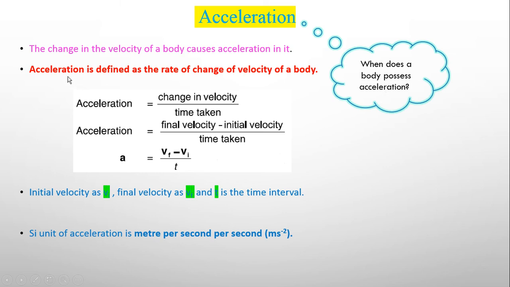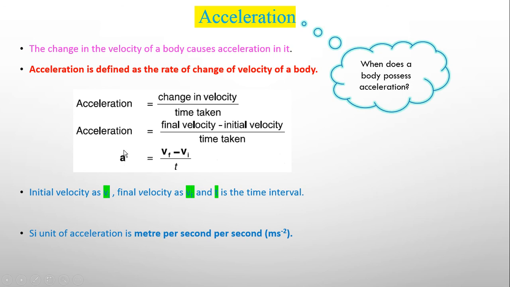So we can define acceleration as the rate of change of velocity of a body. Whenever your velocity is changing with respect to time, you can get the value of acceleration. Change in velocity can be written as final velocity subtracted from initial velocity, so you get the change in velocity divided by time taken.